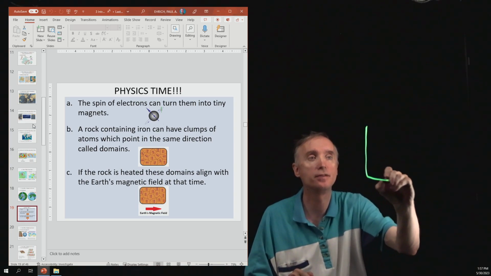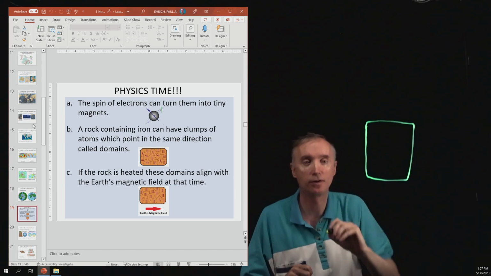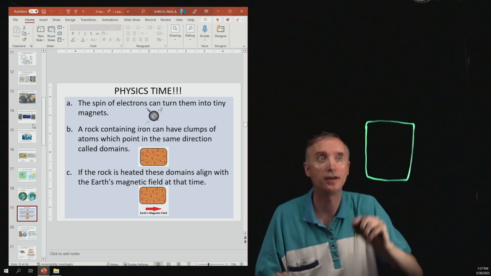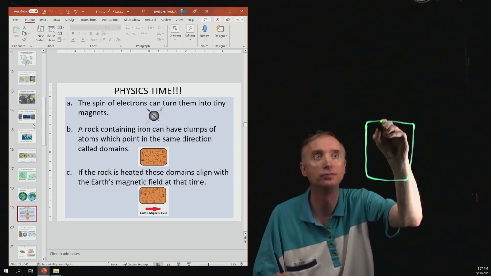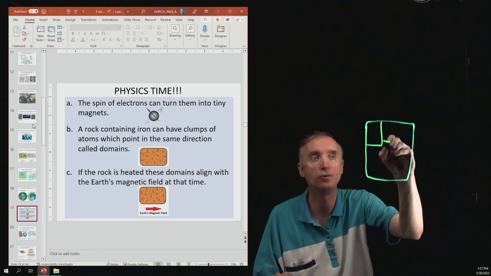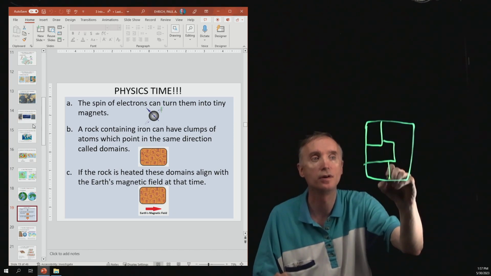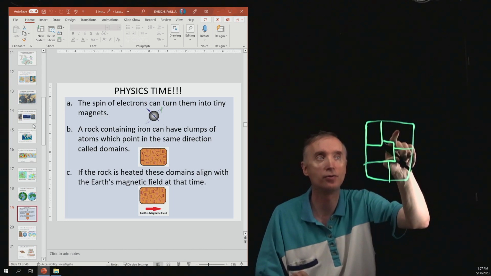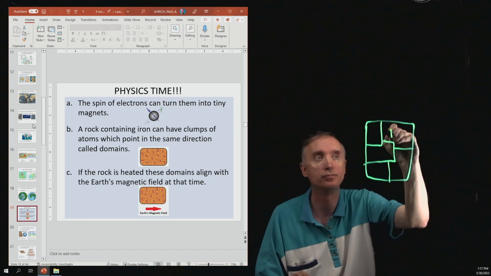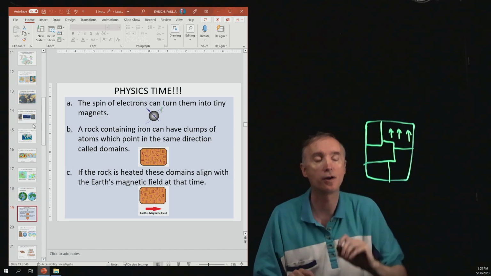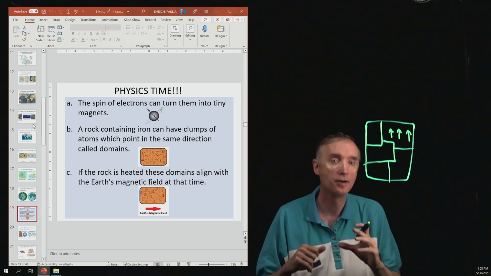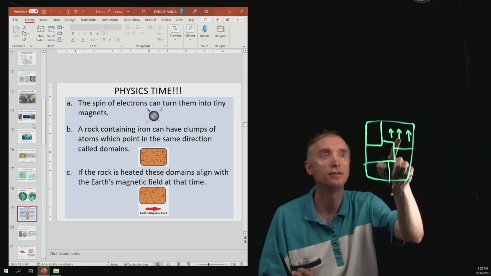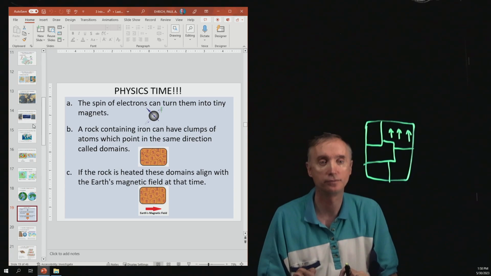So let's pretend that this is a particular mineral, okay? Inside of that mineral, there are going to be certain zones, and these zones are going to be called domains. In this domain, the atoms might be oriented like this, so they are producing an overall magnetic field that is pointing in this direction.